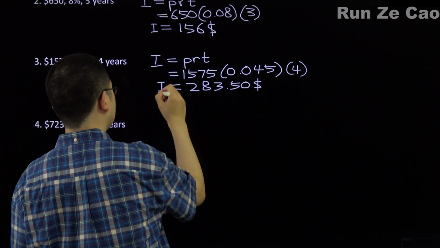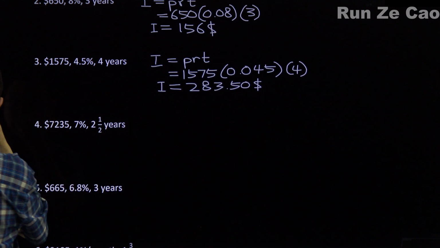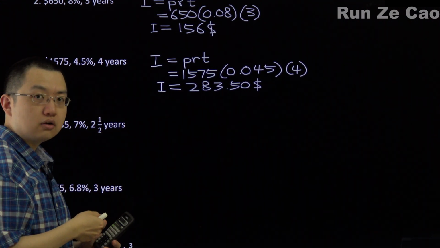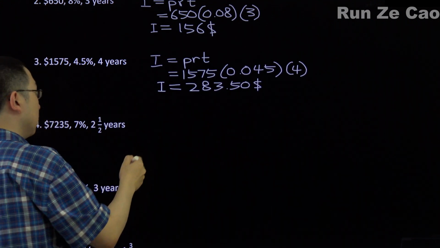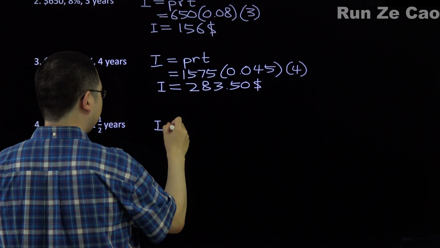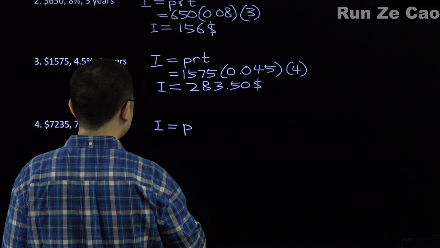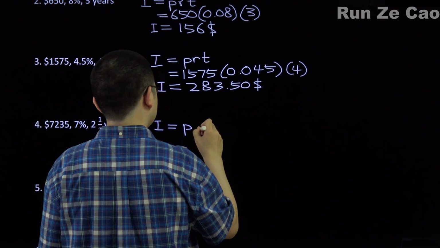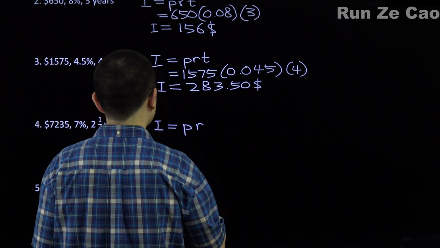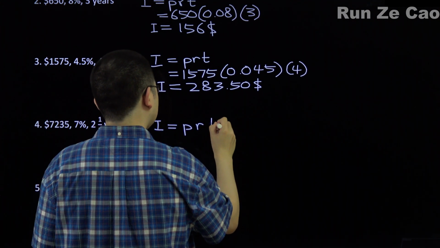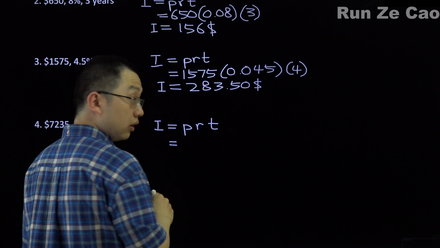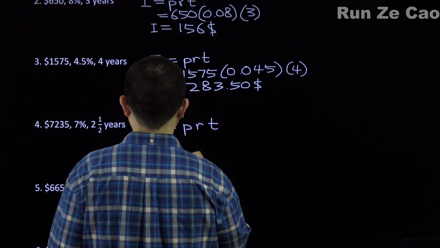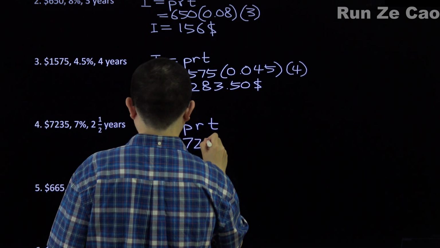This is I. What about 7235 at 7% per year and 2.5 years? Well, it's the same thing. We just multiply the principal, the amount of money initially put in, because that's how simple interest works, times the rate of interest per year, times the number of years, or the rate of interest per period times the number of periods. So that's 7235.